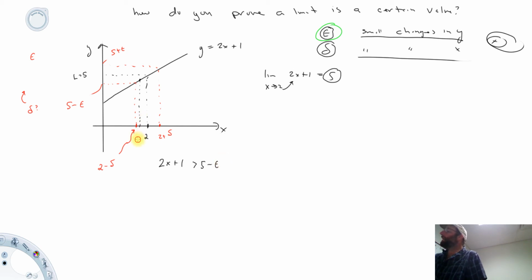And you'll notice that x here is to the right of this, which means x has to be greater than 2 minus delta. Now if we take this value here and we subtract 1, it reads 2x greater than 4 minus epsilon. Divide by 2 and we get x greater than 2 minus epsilon over 2.